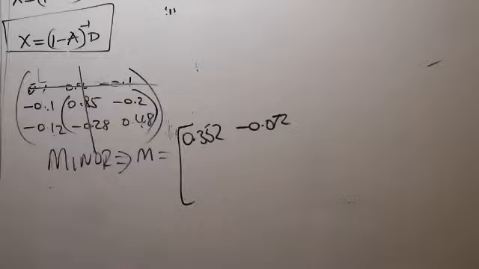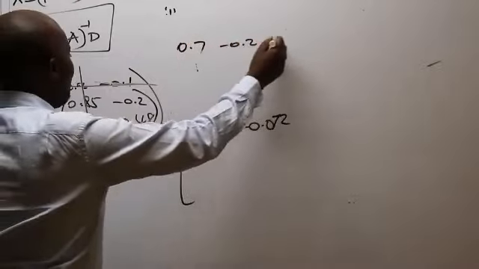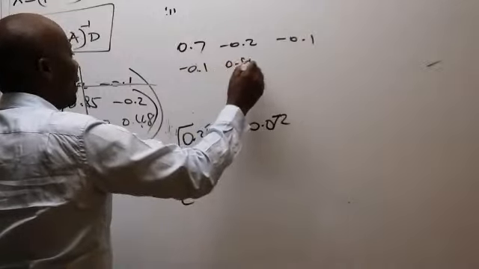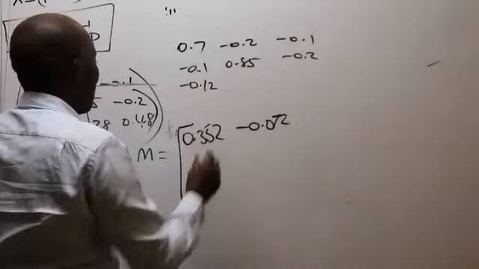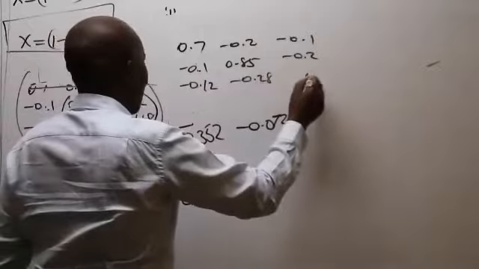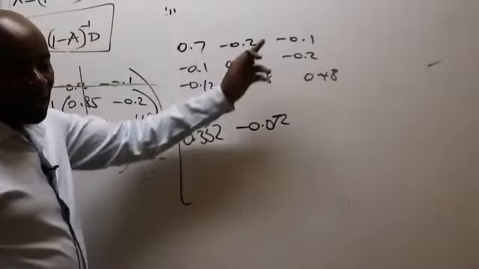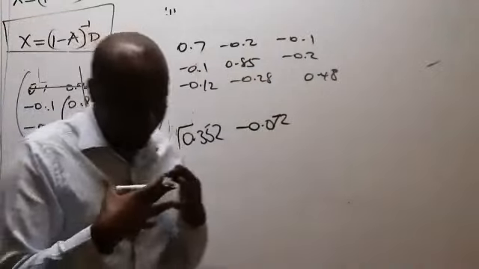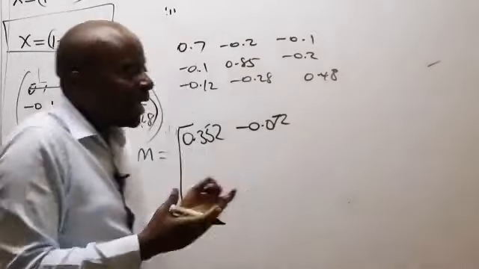Now, ladies and gentlemen, let me do only one. So we have here 0.7, minus 0.2, minus 0.1. We have minus 0.1, 0.85, minus 0.2, minus 0.12, minus 0.28, 0.48. So if they want us to give them the minor of this, like a kid, what I'll do is hide this kid.